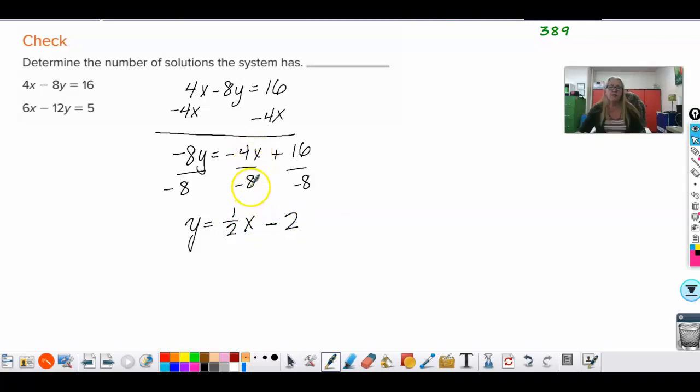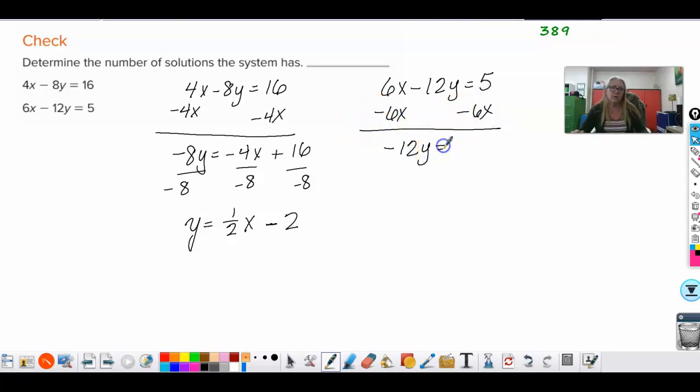All right, 4 over 8 reduces to 1/2. Negative over negative is a positive, and 16 divided by negative 8 is negative 2. The other equation, 6x minus 12y equals 5. Get rid of the 6x by subtracting 6x from both sides. That gives me negative 12y equals negative 6x plus 5.